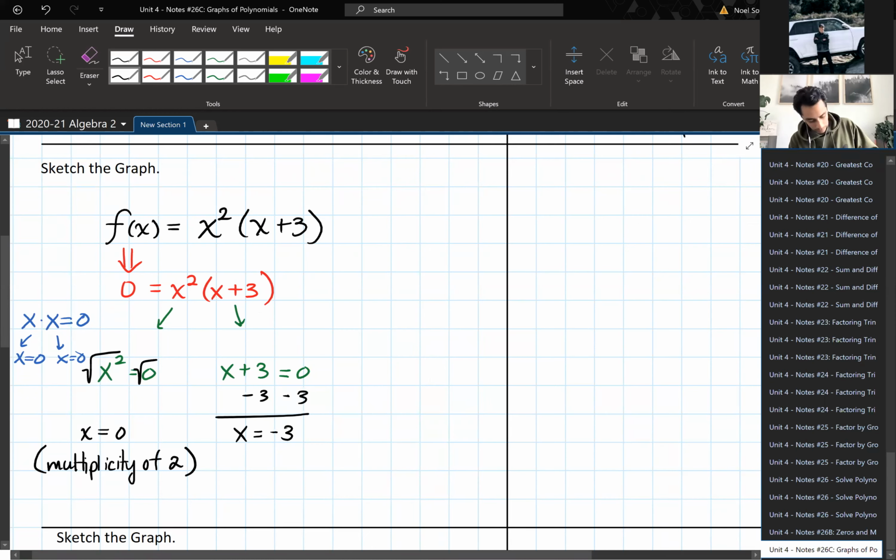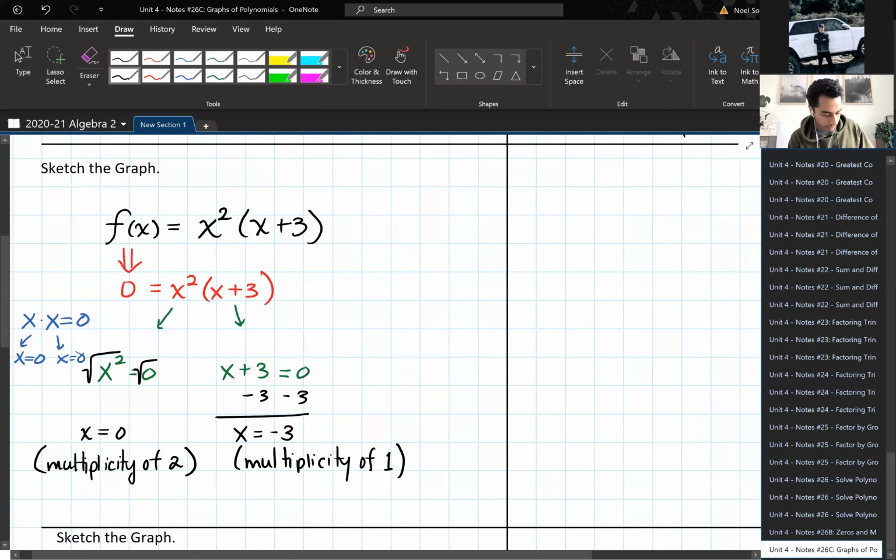X equals negative 3, what kind of multiplicity does this 0 have? Yeah, it's only a multiplicity of 1 because the solution only shows up once.